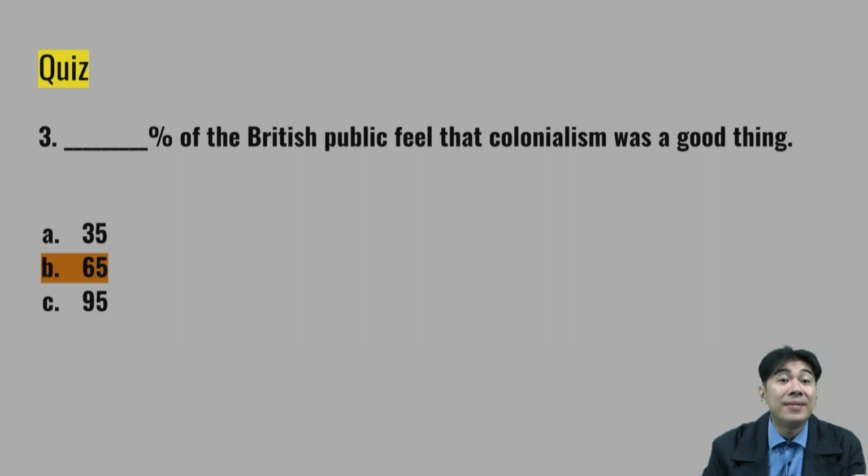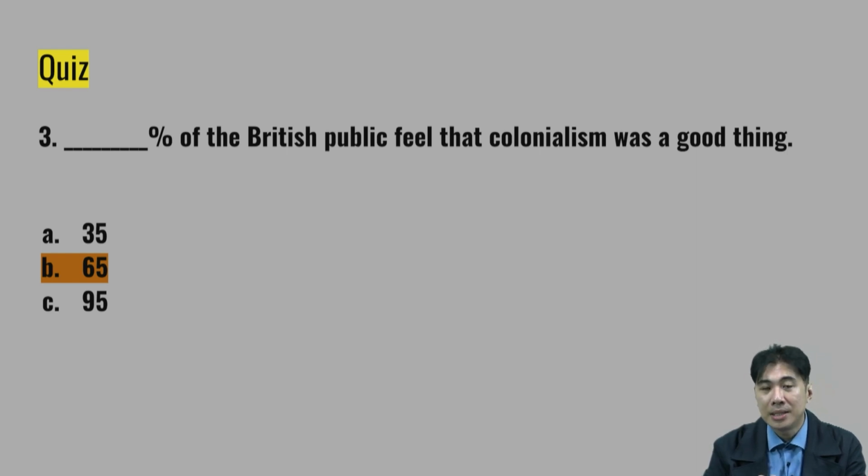It's B, 65%. So this is 2/3. 65% of the British public feel that colonialism was a good thing. So they think England was good. It's just like Japanese students saying, oh, Japan had a really good history, we conquered a lot of countries, and so on and so forth.